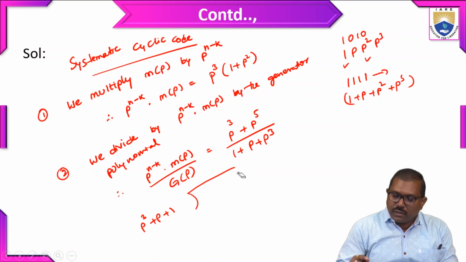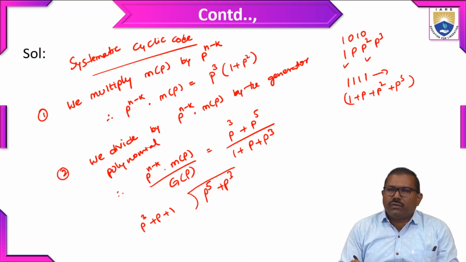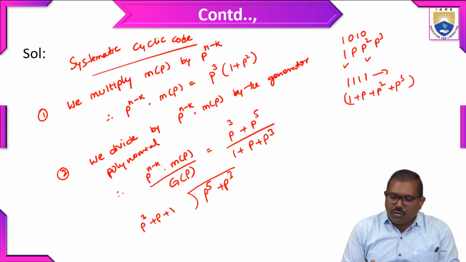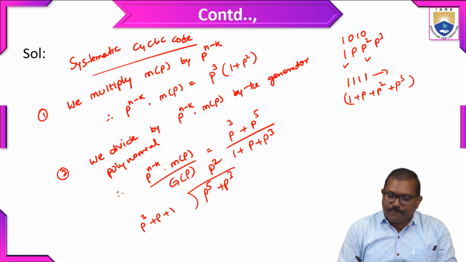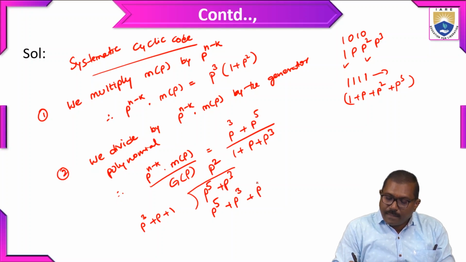P to the 5 plus p cube, highest degree first. Then you easily get the quotient. So here p cube on the left hand side and the other side is the 5. So how many times? P square times. So p square is the quotient. Now we multiply and get p to the 5 plus p cube plus p square.